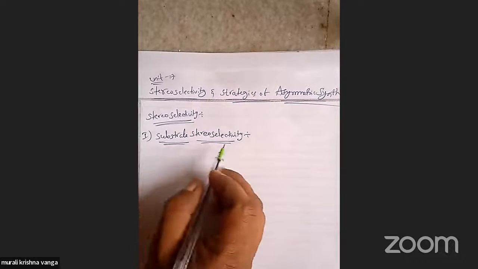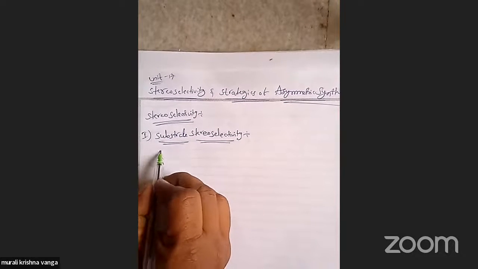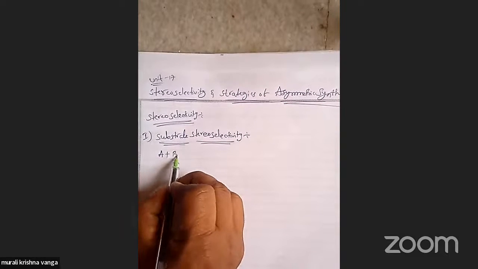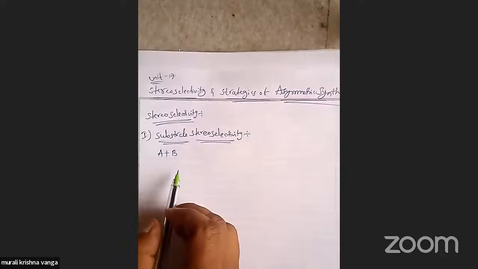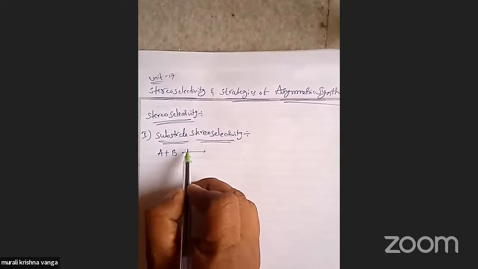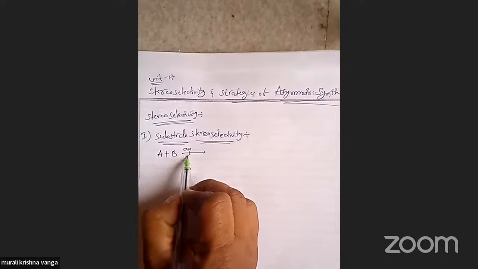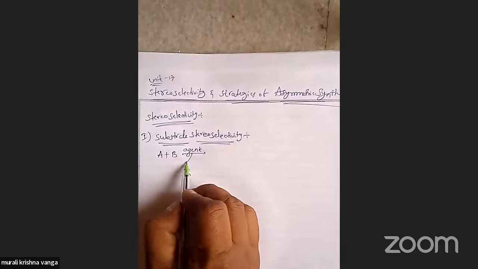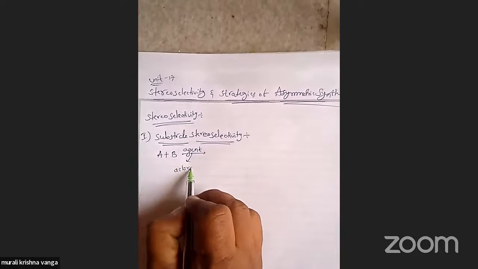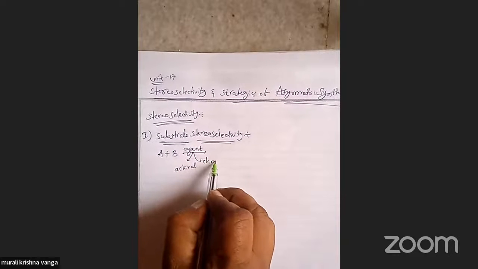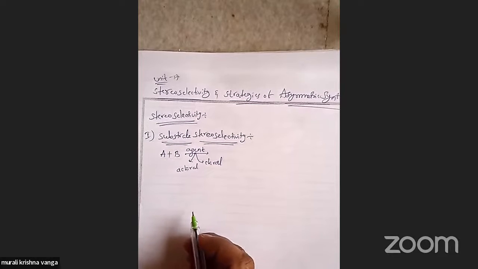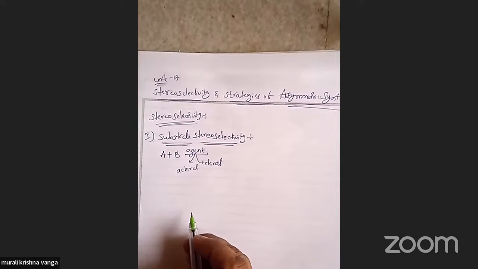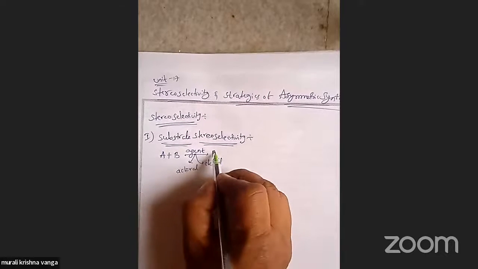Okay, so in substrate stereoselectivity, the reaction starts with a mixture of starting materials. That means we are taking 2 starting materials. The attacking agent may be achiral, may be chiral, and then gives products.